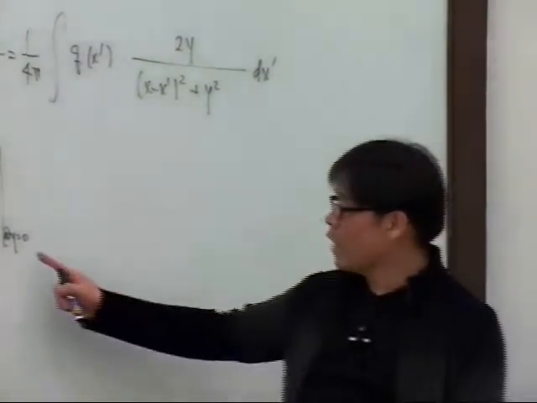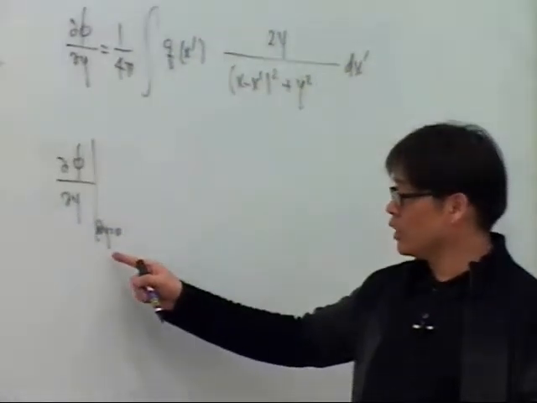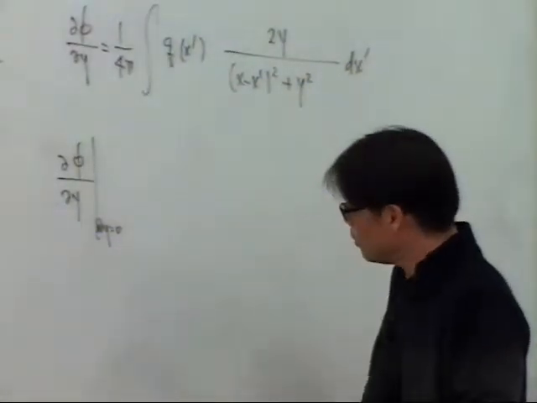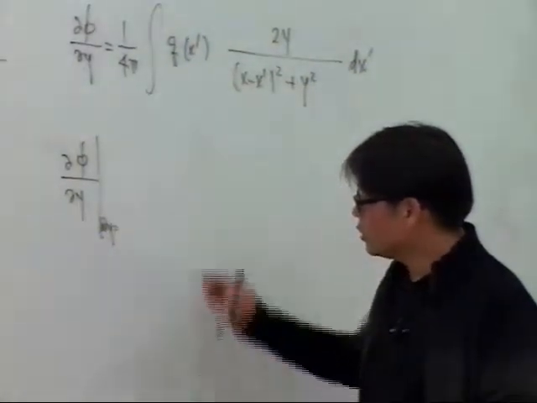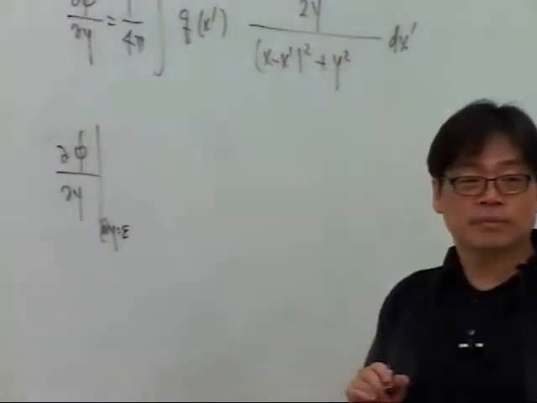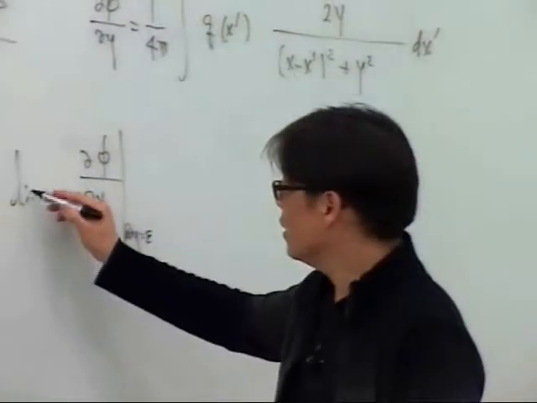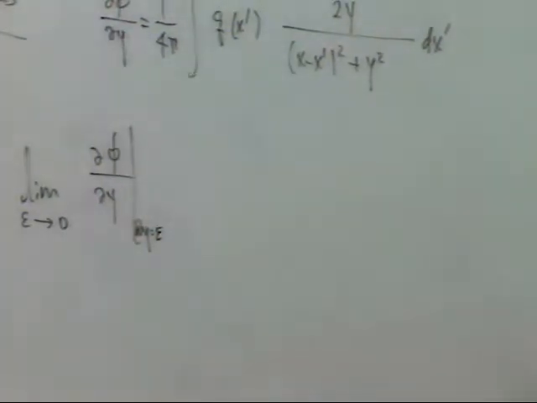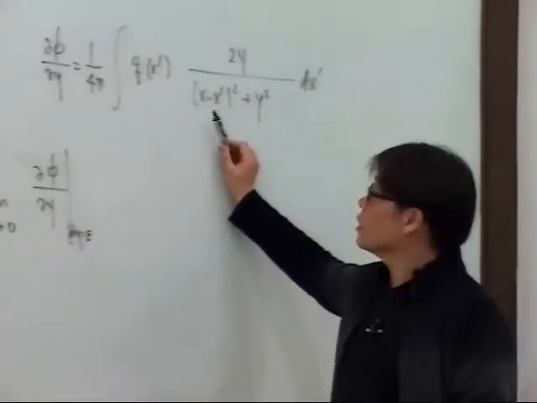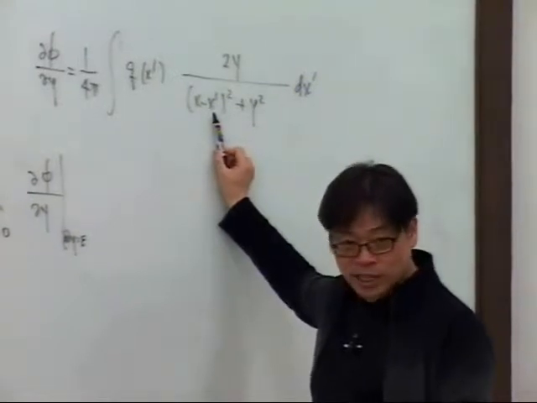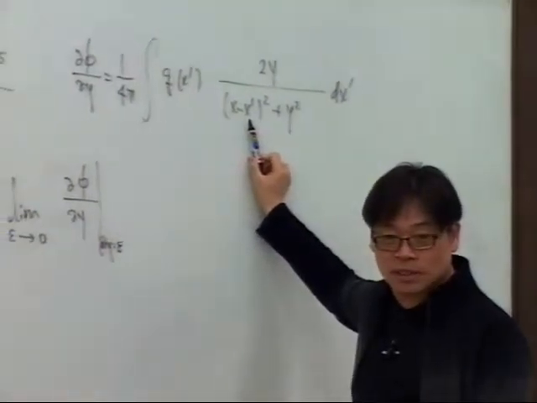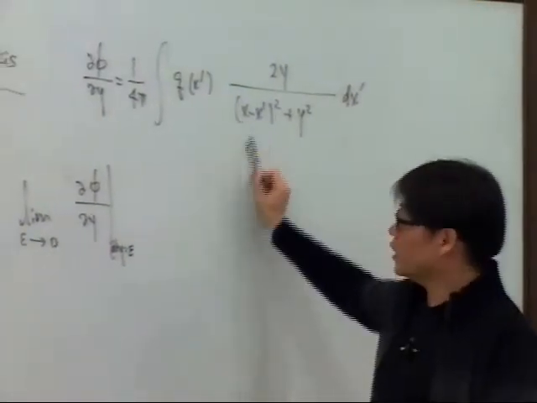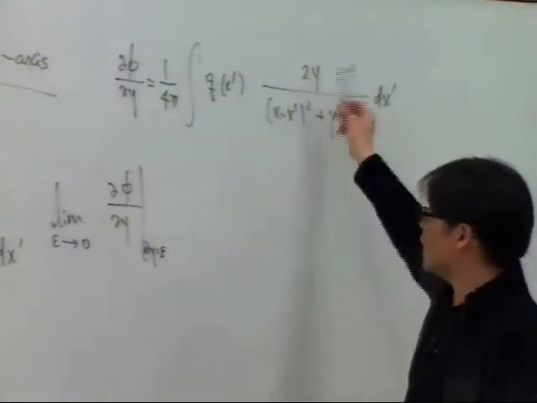So instead of imposing the boundary condition at y equal to 0, let's say I impose it at y equal to epsilon, and then I take the limit. But I'm not interested in the quantity when x is not equal to x prime, because when I take epsilon going to 0, this guy goes to 0.